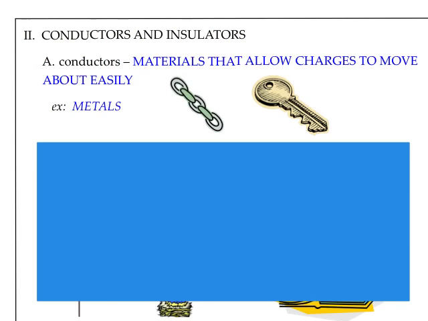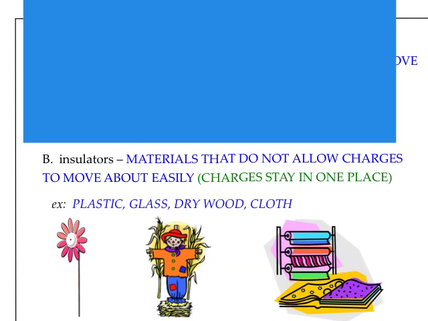The other part of today's lesson is to learn the difference between conductors and insulators. Conductors are materials that allow charges to move about easily. So for example, most metals are considered to be conductors. And when we get to talking about electricity and the flow of those charges, conductors allow those charges to move through, so your current or your electricity will be able to flow through them.